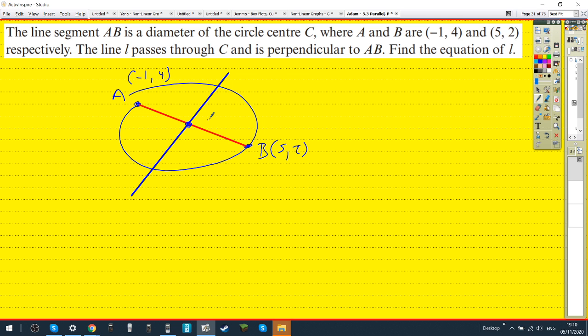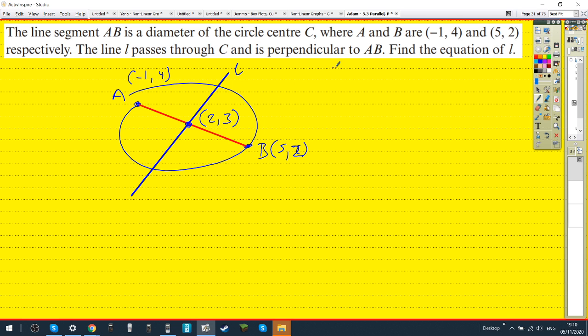Okay. What's next? We want the equation of the line L. So is it y equals mx plus c?